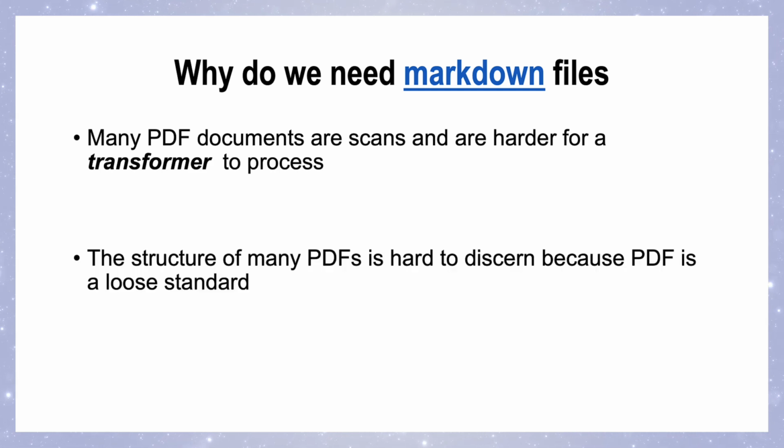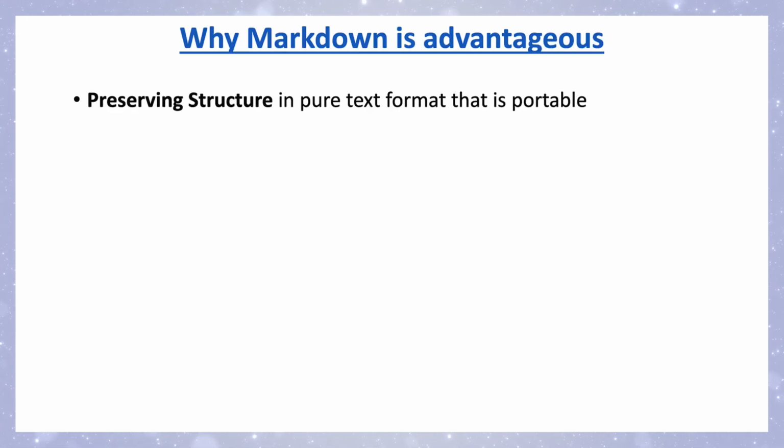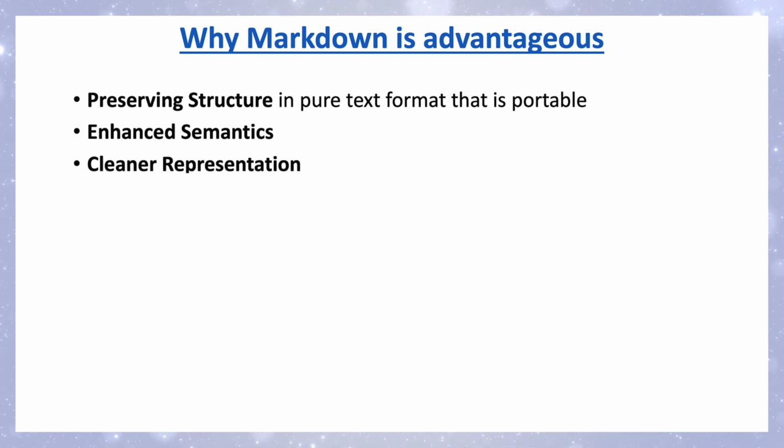So we use something to get it ready for that, and Marker is the software that I found that is the best. It preserves the structure in a pure text format that's portable. It enhances semantics. It gives a clean representation. If you've seen some PDFs that came through OCR, all the words are split up. It's really pretty bad.